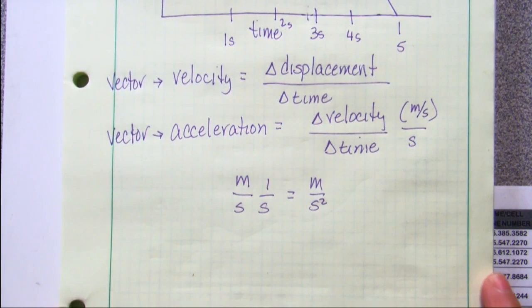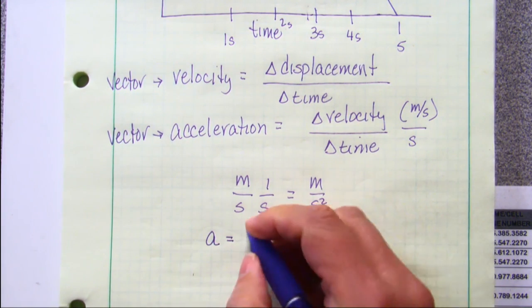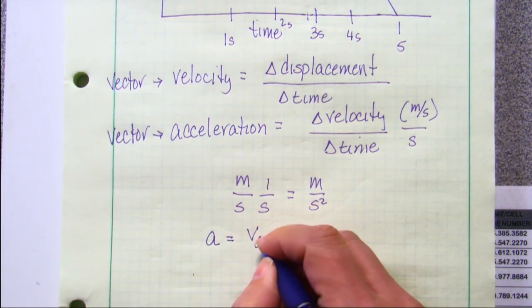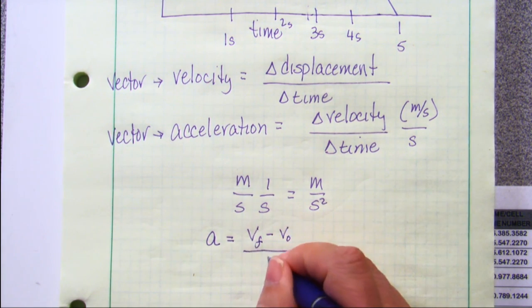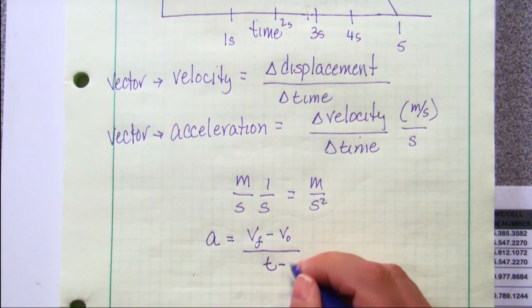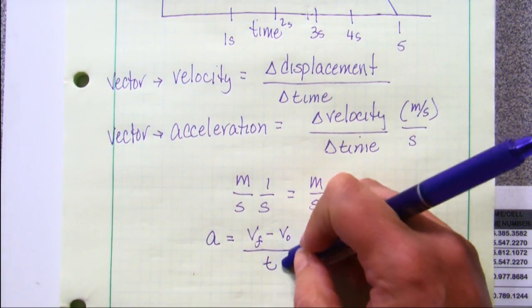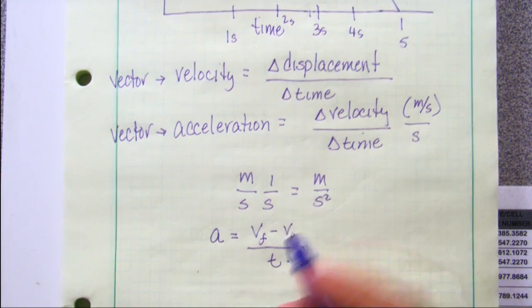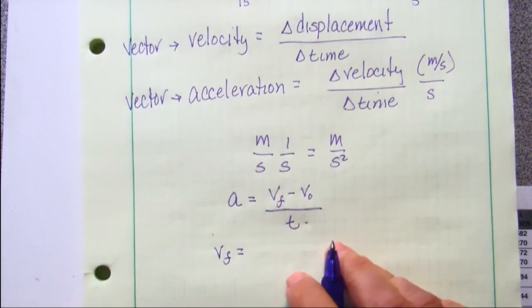And if I write this out in terms of variables, I get acceleration is equal to velocity final minus velocity initial divided by time. And if I multiply both sides by time, I get velocity final. I'm going to just do a real quick rearrangement.